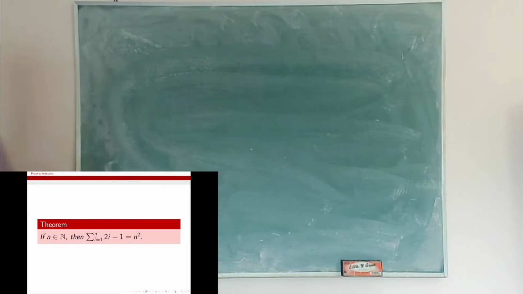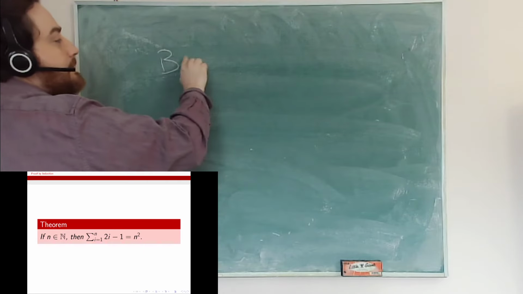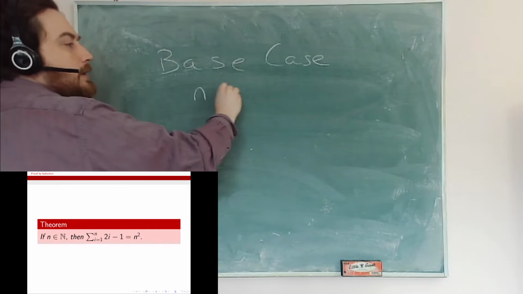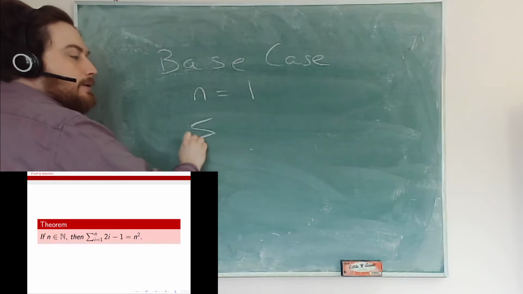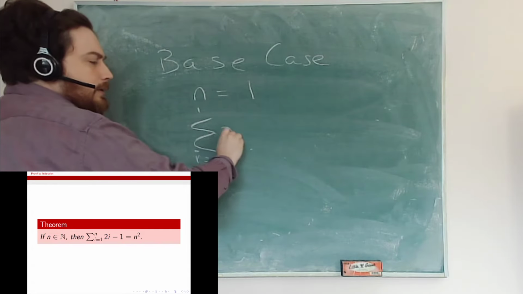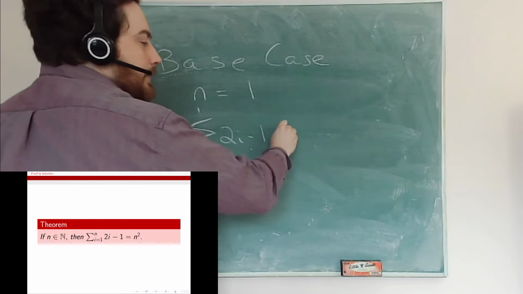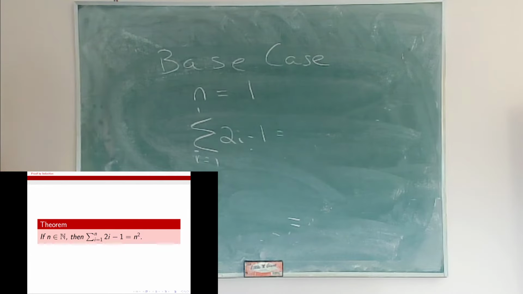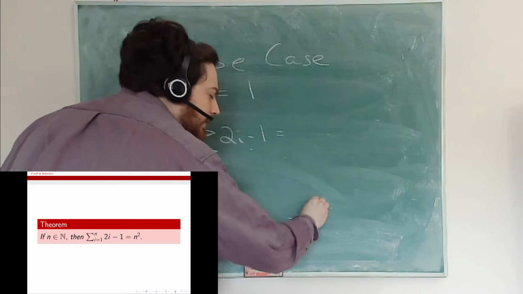The base case here is, because we're starting at n equals 1, or if we're trying to sum from 1 to n, we're going to use n equals 1. So our base case is n equals 1, and what we want to show is that the sum from i equals 1 to 1 of 2i minus 1 is equal to, and eventually we want to get that this is equal to n squared, and so that's going to be 1 squared.